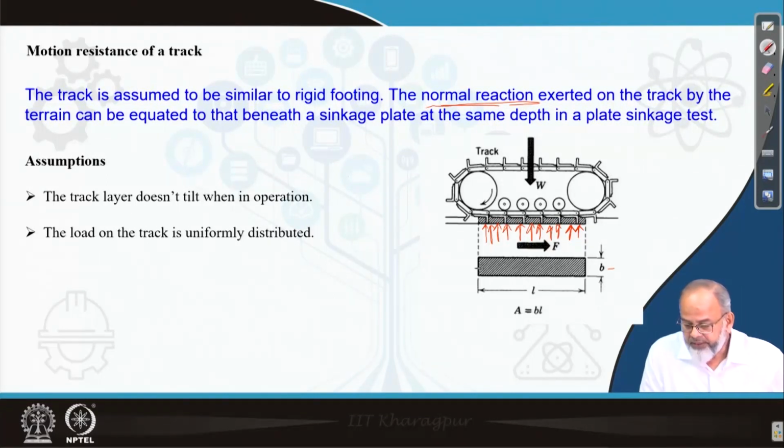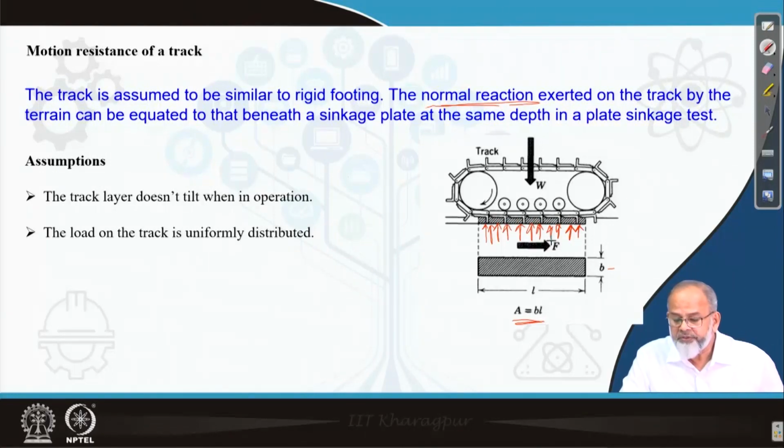The contact area, very simply, is the length and this is the width. Length and width multiplication will give you the contact area. And the force which I have indicated F here is the thrust force. But we are not interested in developing thrust force now. We will be discussing that little later. So what we can discuss is how much is the force required to tow this forward.